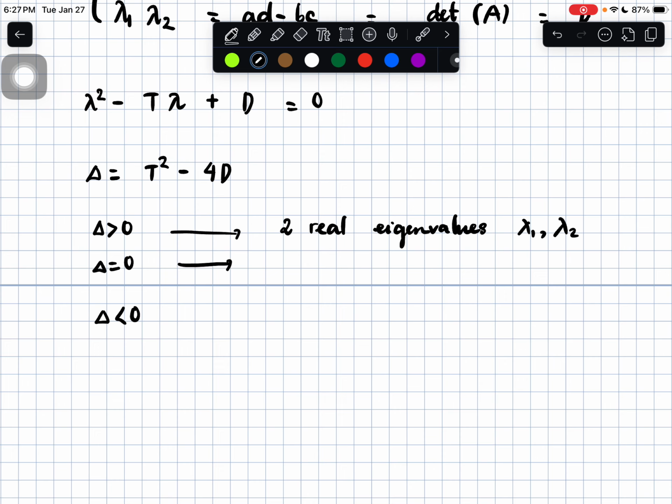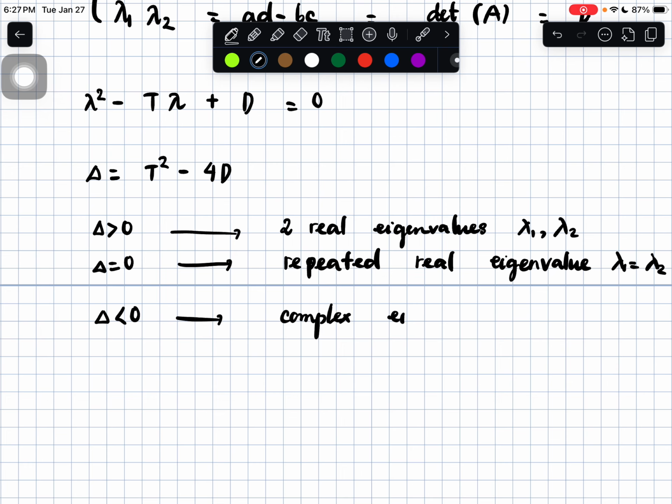In the second case we have repeated real eigenvalues, lambda 1 equal to lambda 2. And in the last case we have complex eigenvalues, let's say a plus or minus bi.